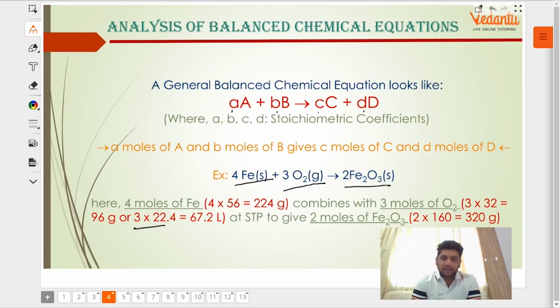The molecular weight of Fe2O3 is 160, that is 112 plus 48, so 160 into 2 means 320 grams of product will be obtained. Mass is conserved: 224 plus 96 is 320.